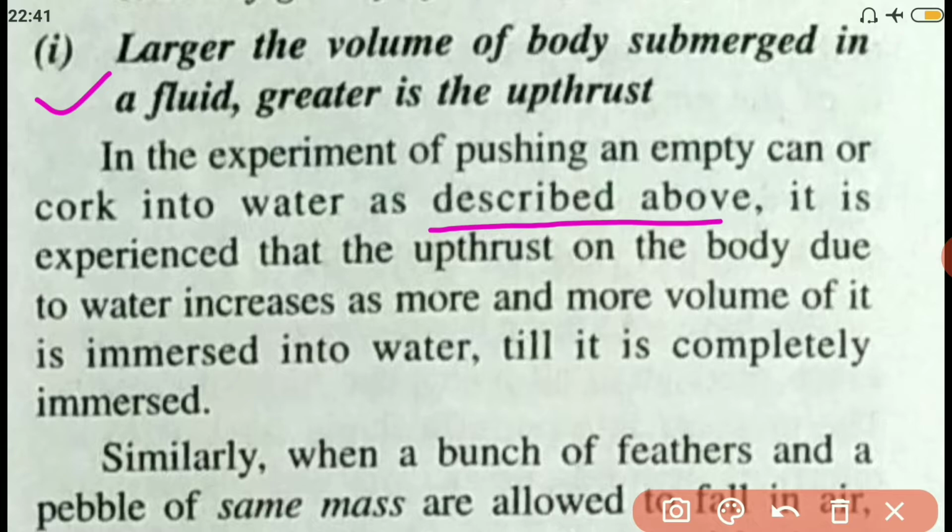It is experienced that the upthrust on the body due to the water increases as more and more volume of it is immersed into water till it is completely immersed. When it is completely immersed, we shall get the upthrust, which is Fb dash, which is always more than the upthrust for partially immersed object.